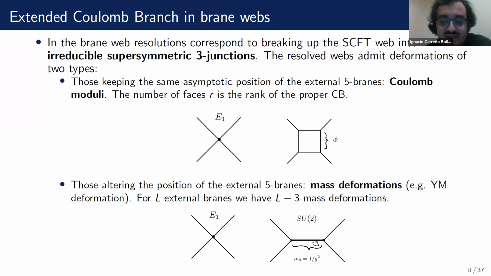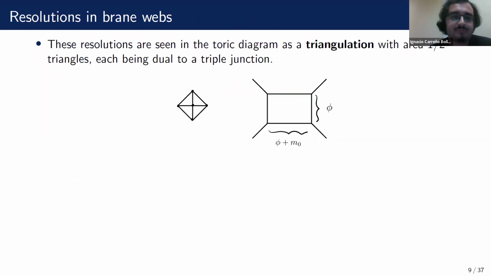And we identify this length here as the Yang-Mills coupling. Now, if we have a junction with L external branes, we have L-3 mass deformations. This is because we have the freedom to remove two mass deformations by translation in the 5-6 plane, and we can also choose an SL(2,Z) transformation for the whole brane web.